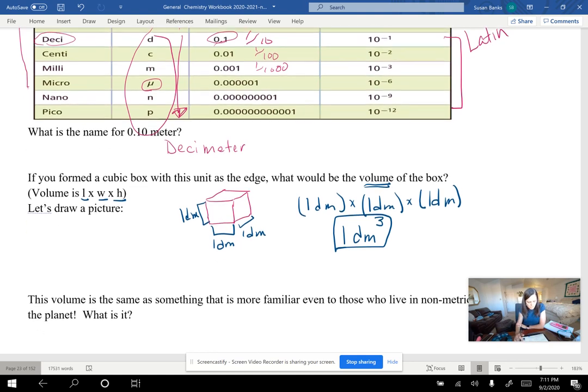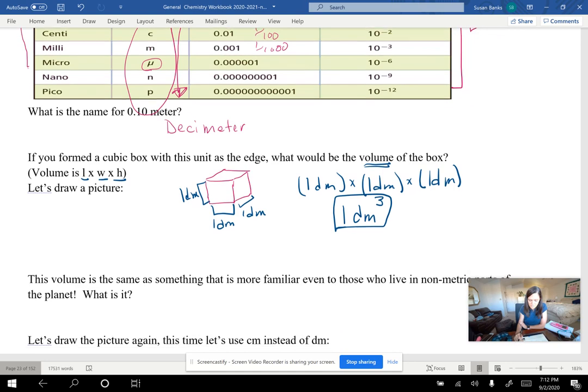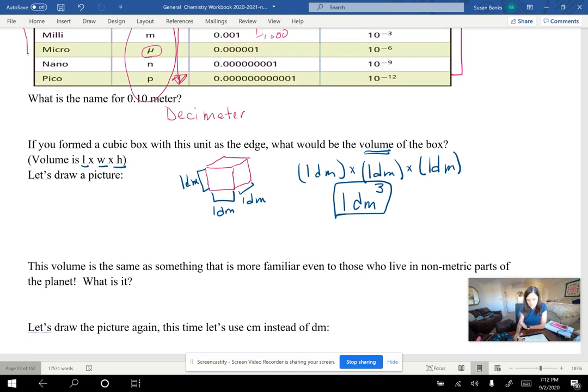Okay, so this is a volume that we use a lot, even here in the United States, where we really don't use the metric system. We sell something by this measurement quite a lot, actually. So think about it for a second. See if you can think of a guess.